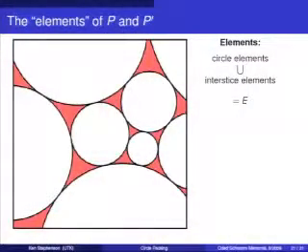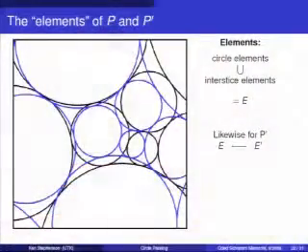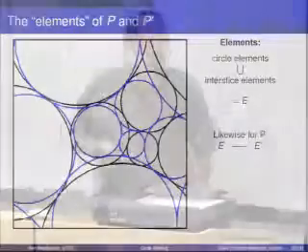Throw those together, I have E, the collection of elements of this packing. Now, there's another packing around, which in this region looks like this. You can see sort of which circles are identified in the combinatorics, but they're shifted from one another. And so we have a collection of elements for this other packing, E prime.